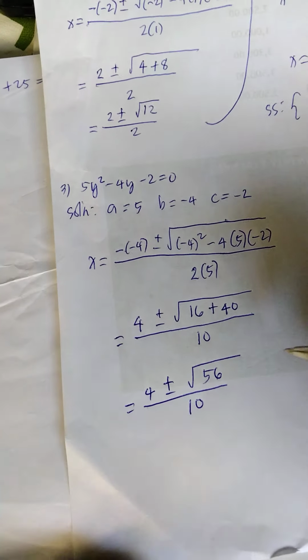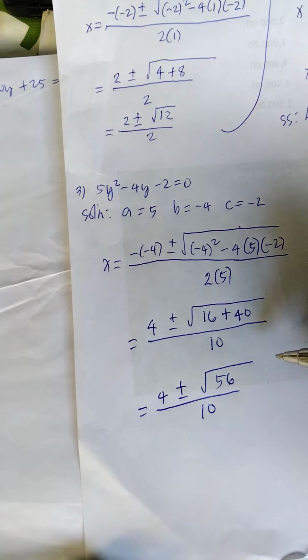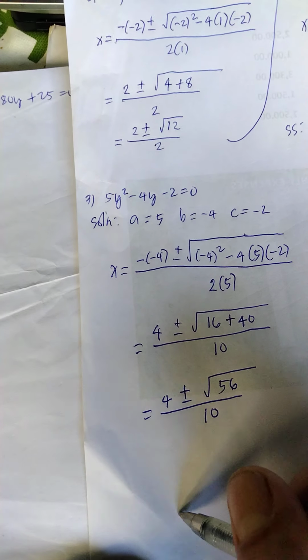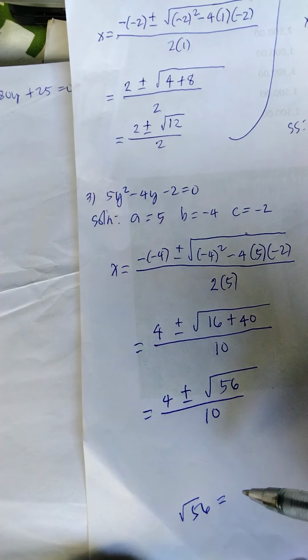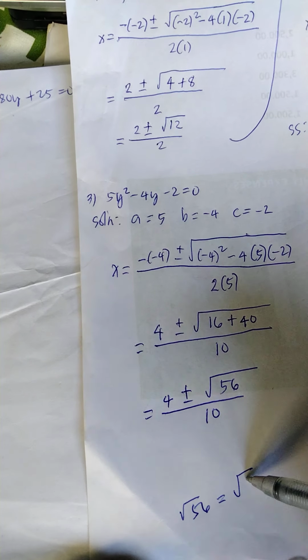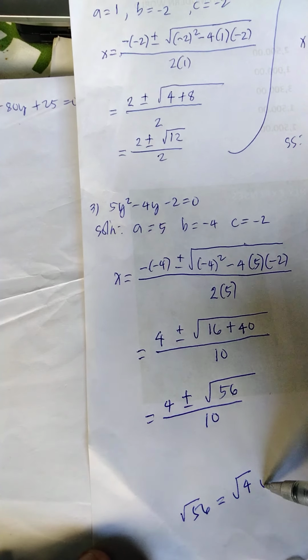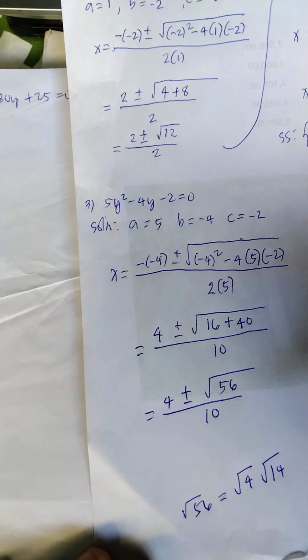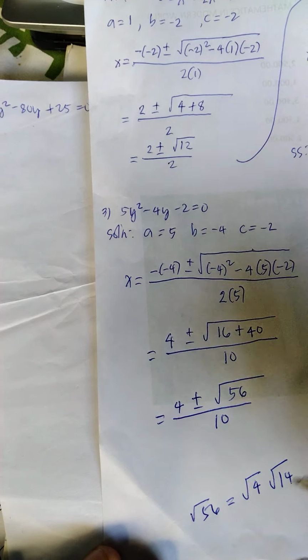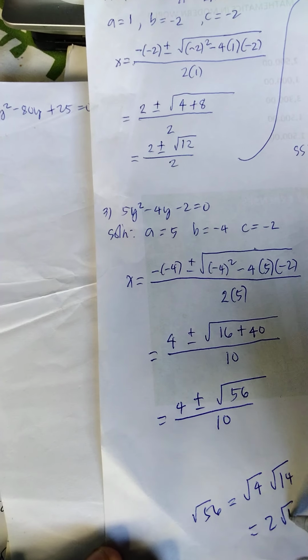Okay. Now, square root of 56 na punta. Ang sa may equivalent ni square root of 56, square root of 56 is equal to square root of 4 times 14, no? So, that is equivalent to 2 square root of 14.